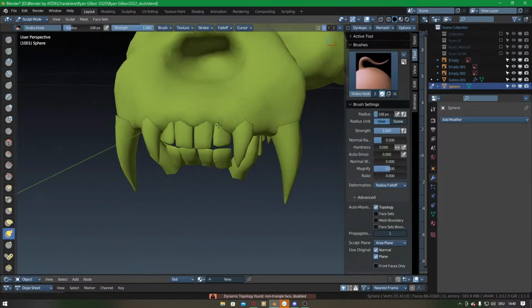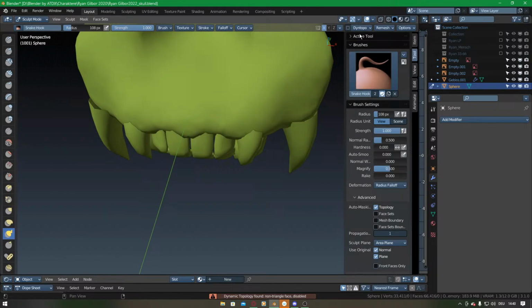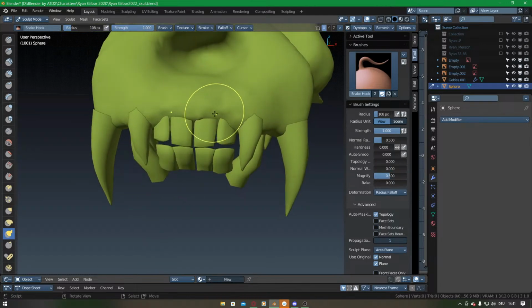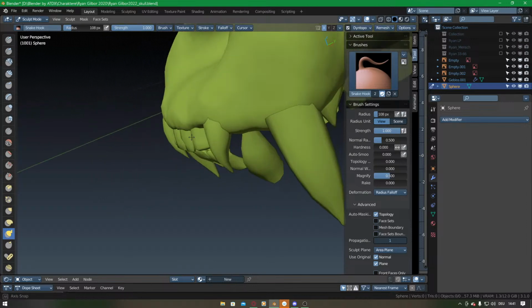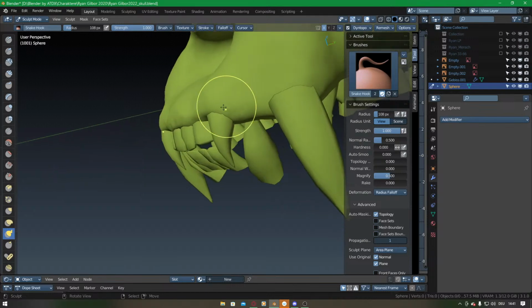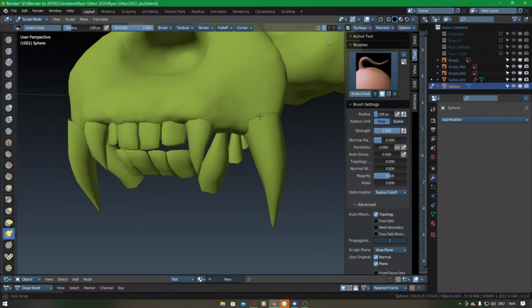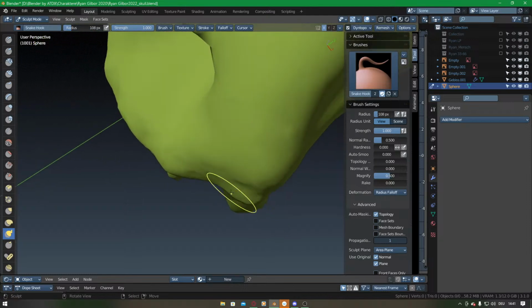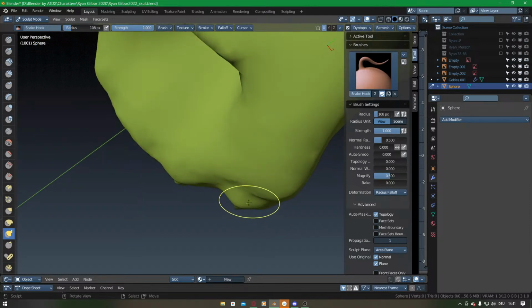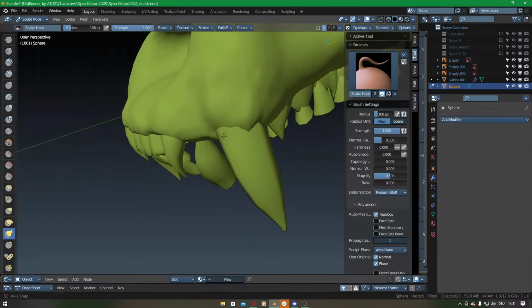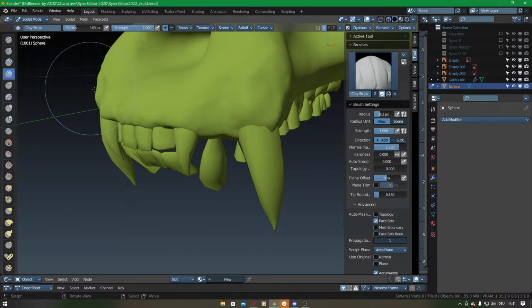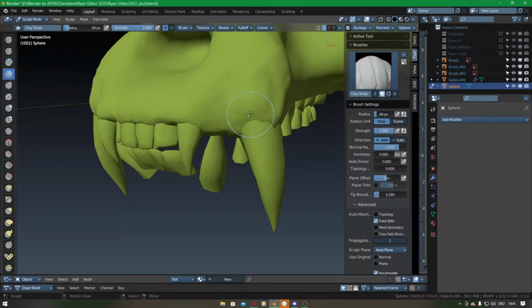Now it's symmetrical. Now you see that it fits. Would rather use this one.